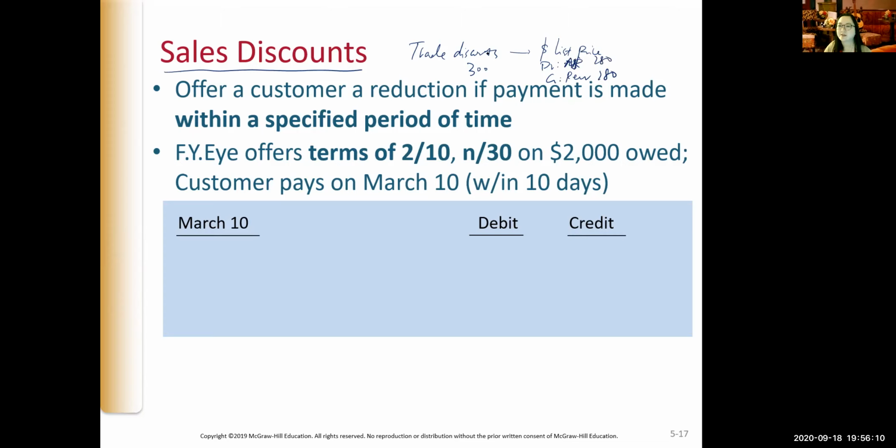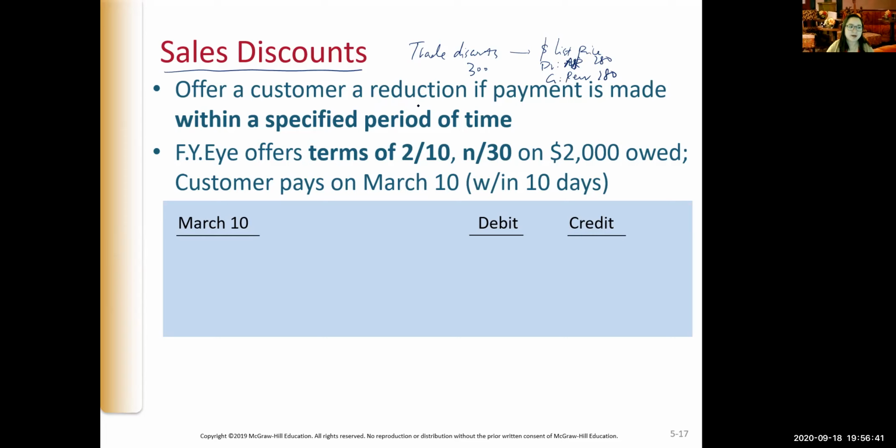This trade discount directly reduces the list price, and sales discount is actually something very interesting. It's trying to accelerate the customer's payment habits. Unlike a trade discount, a sales discount represents a reduction not in the selling price of a product or goods, but in the amount received from a credit customer, if the collection occurs within a specific date.